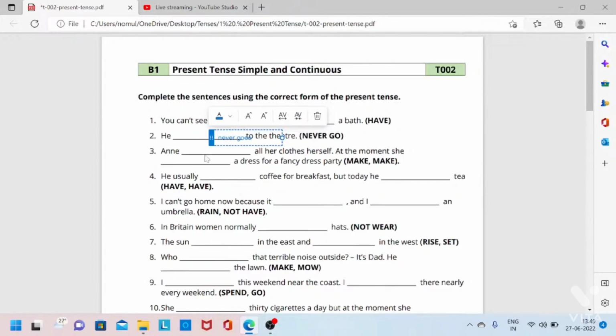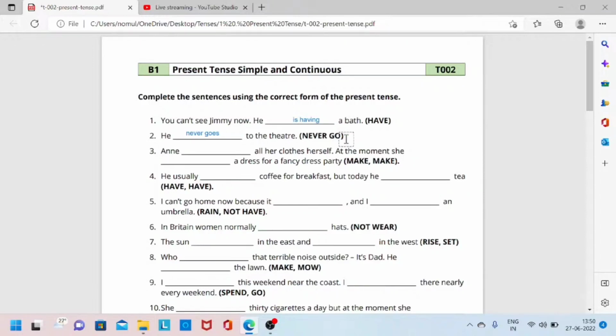Now see what happened. He never goes to the theater. So here, to go, we have added es.